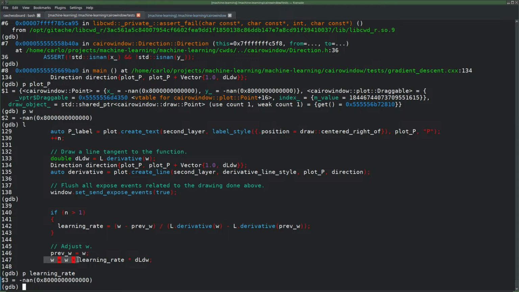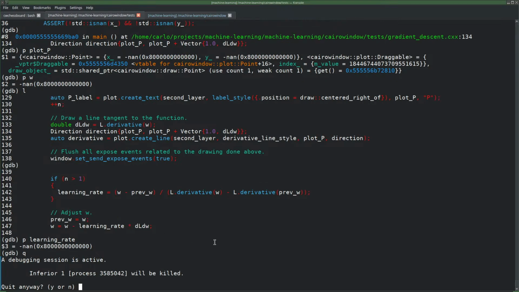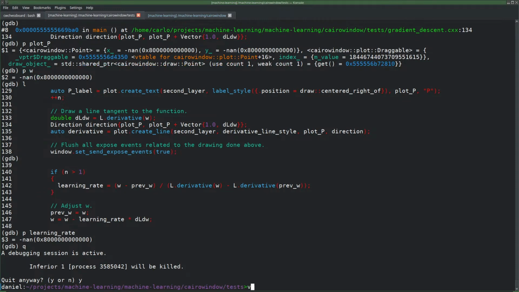I guess if W doesn't change, or doesn't change enough, then you should just terminate. Or, I don't know, not go to the top anymore. That's line 147.